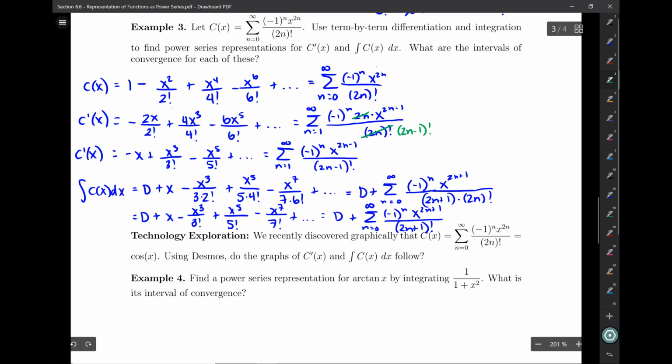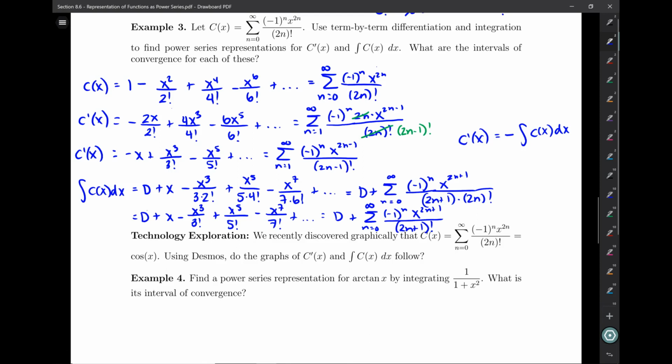So it seems as though the derivative is just the opposite of the integral. They're basically the same, they're just opposite in sign. I'm not going to worry about this plus c here, or d, I guess, in this case. But it seems like the derivative and the integral are basically the same, they're just opposite in sign from each other, which is kind of interesting.